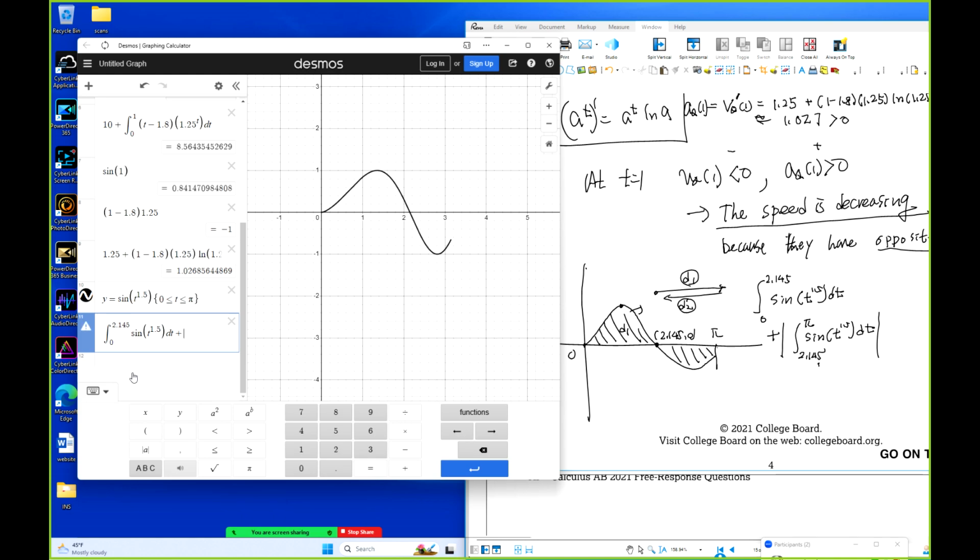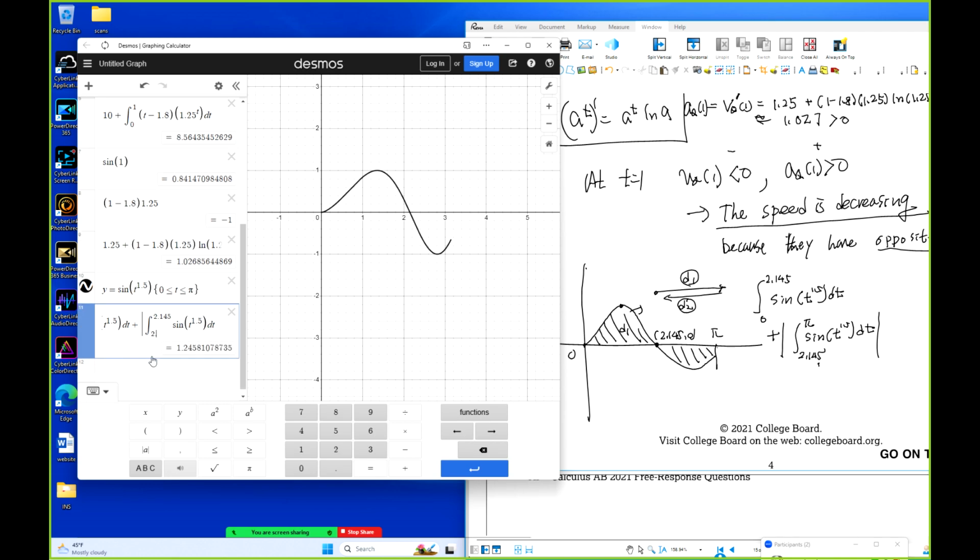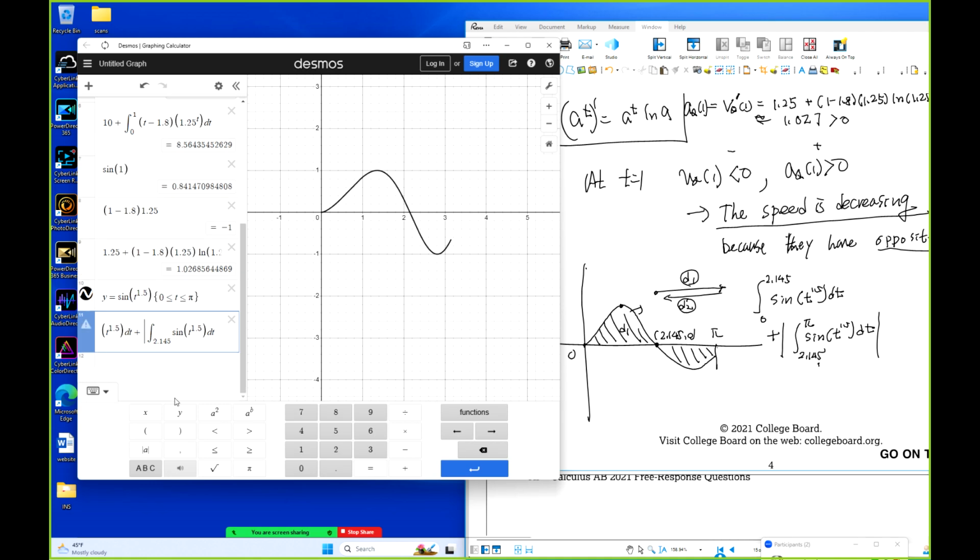Second one, I'm gonna use the absolute value of the integral again. It's almost the same as this one, but this time moving to the left, from 2.145 to pi. Still the same function.